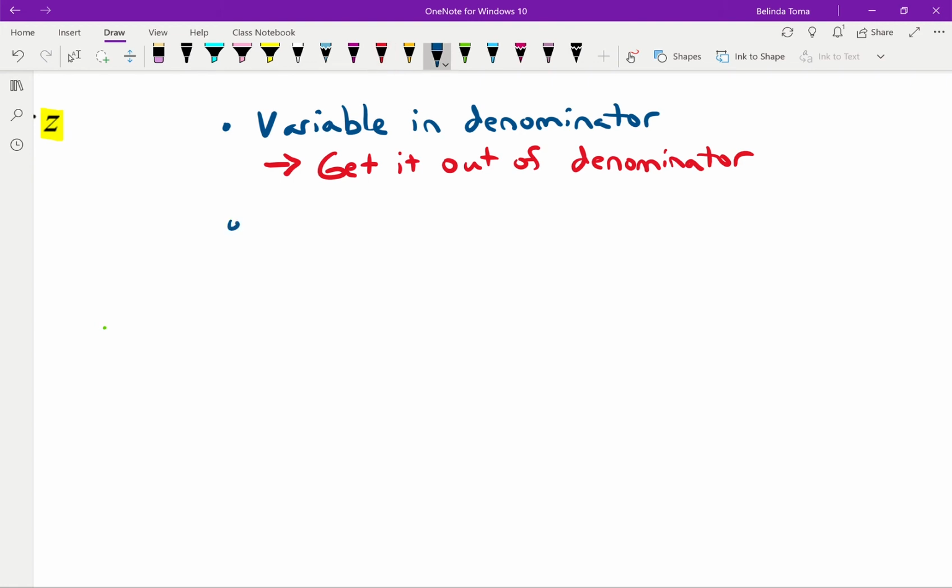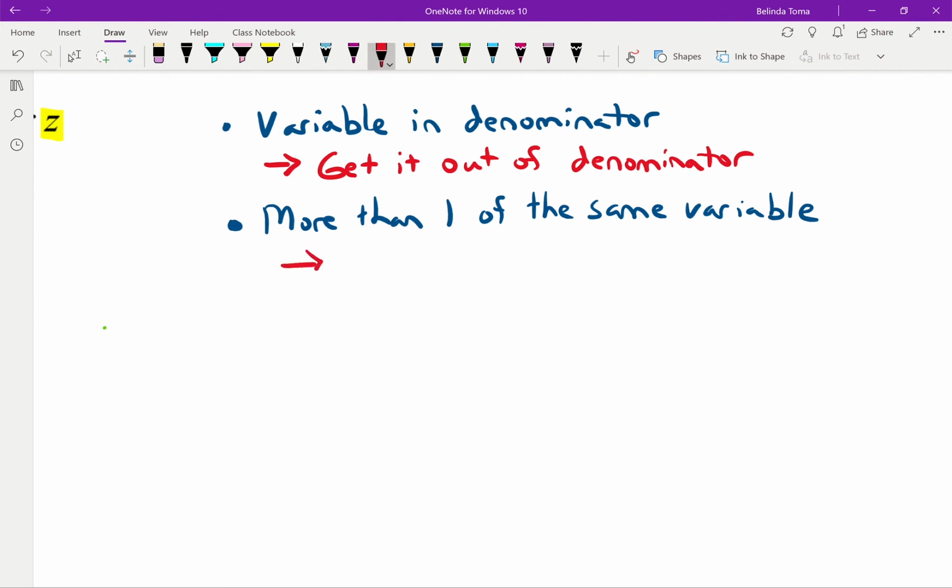And then the other thing is if you have more than one of the same variable that you're solving for, group them together. And then we'll talk about how that's going to help us solve.